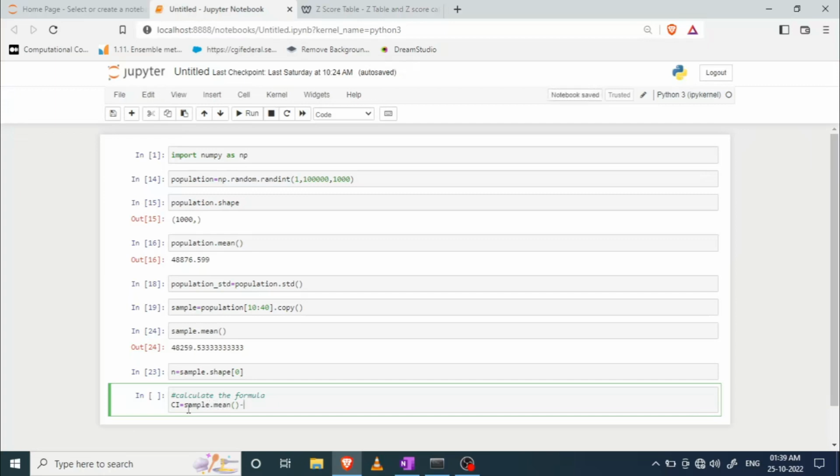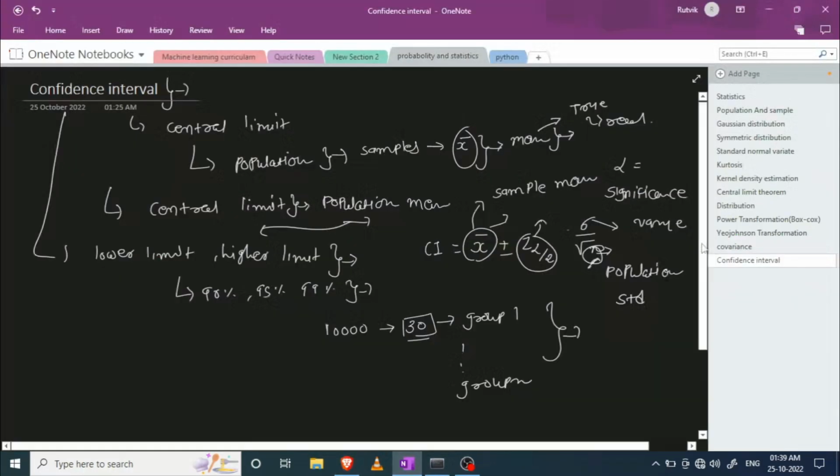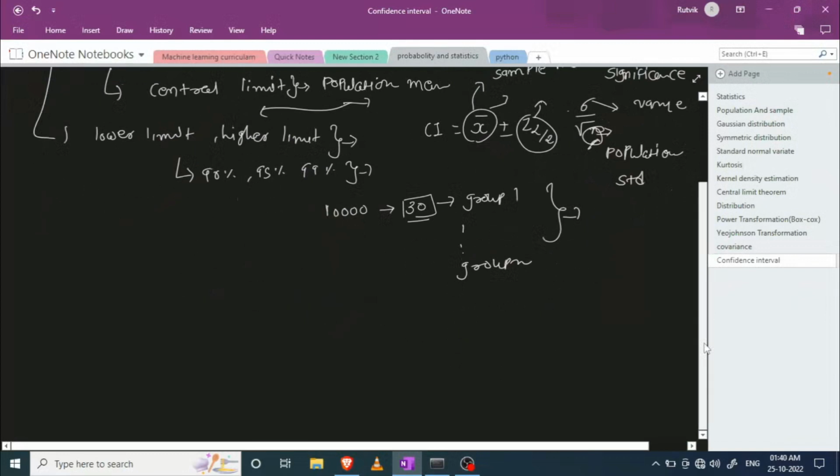values. So let me give you some representation. Here I'm going to calculate the confidence interval on the basis of 95%, right? So how is this going to look? Suppose our data follows the Gaussian distribution like this, where 95% of the data fall in this region with the population mean, right?